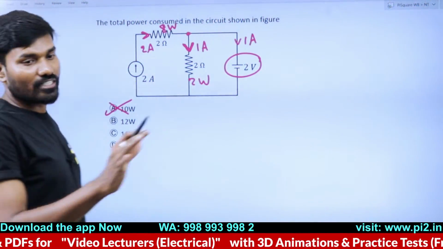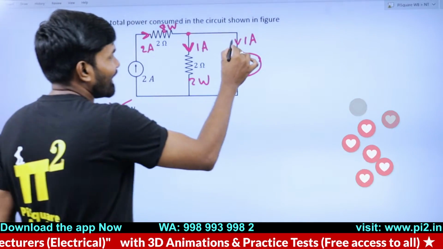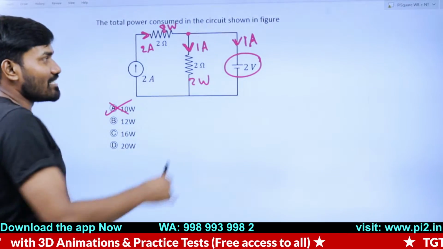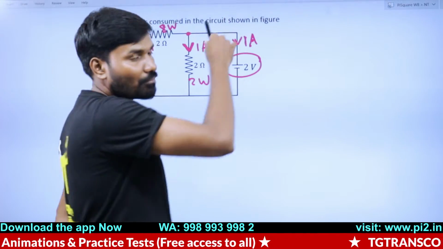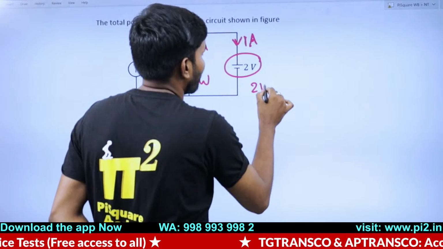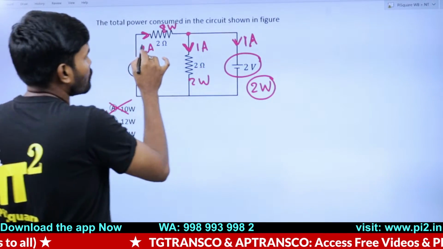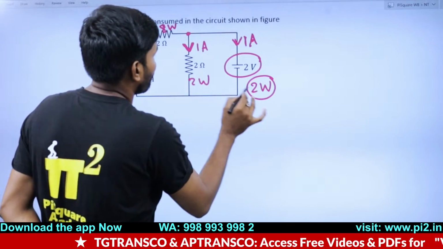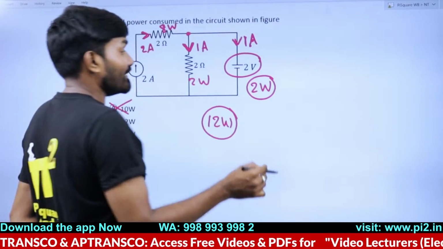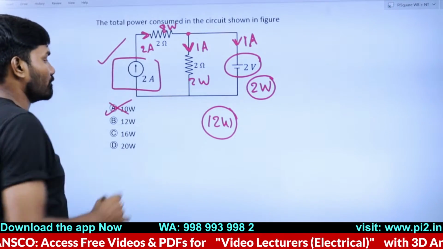Give hearts to these 2 guys. Because this current is 1 ampere in this direction, this is also consuming 2 watts of power. And this 8 watts, this 2 watts, total 12 watts is delivered by this source alone.